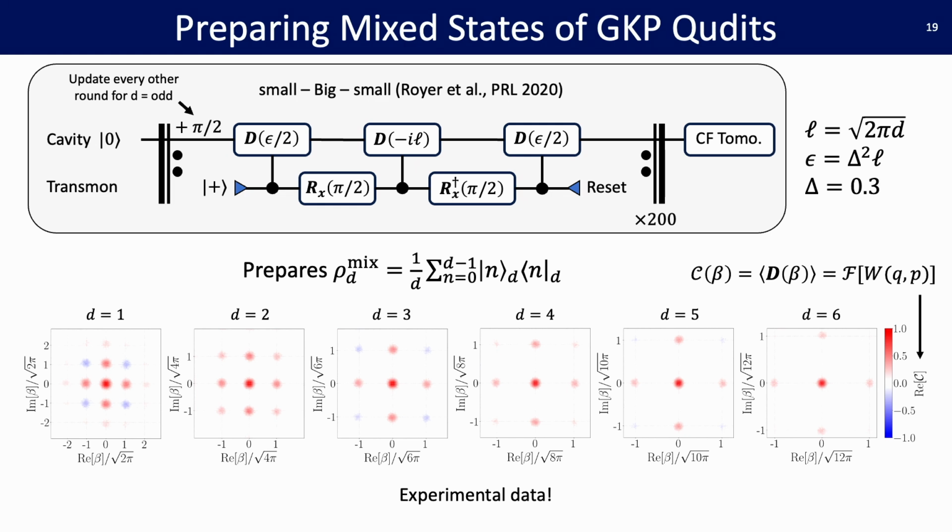And for these mixed states, we expect them just to have bright spots at the lattice spacing of the GKP code. And we see that this lattice spacing grows as root 2 pi d, just as we expect, for d equals 1 through d equals 6 here. So we're able to stabilize the maximally mixed GKP code space and stabilize the GKP qudit manifold.